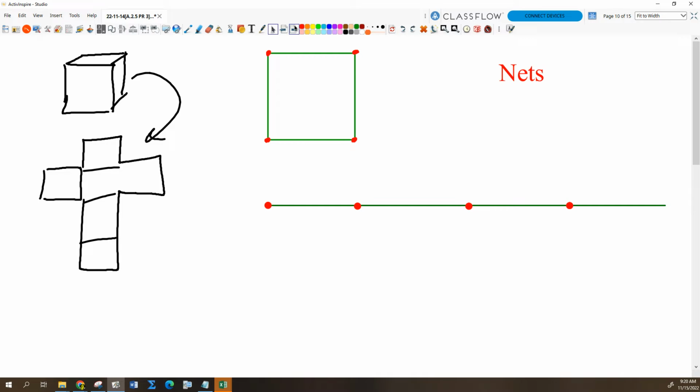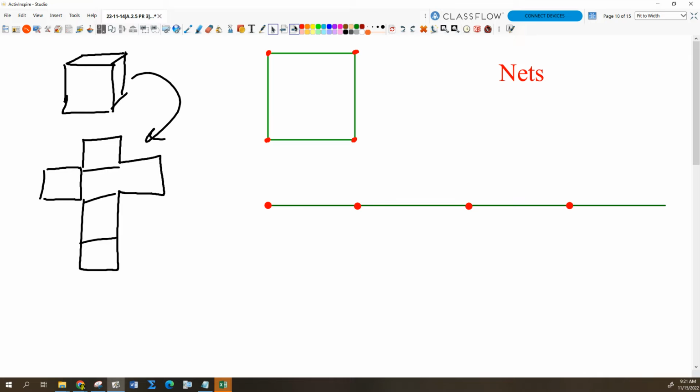A net is what you get when you unfold something. If we take a 2-dimensional object like a square and unfold it, the net is just a long line segment. Pretty boring, right? What if I take a cube and I unfold the cube? It would look something like that, right? If I folded all that back up as a piece of paper, I could turn it into a cube.